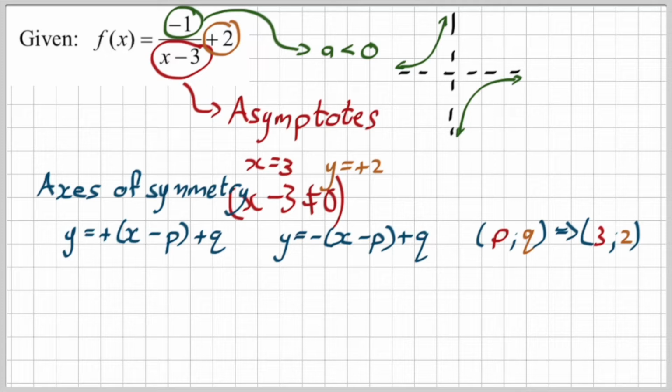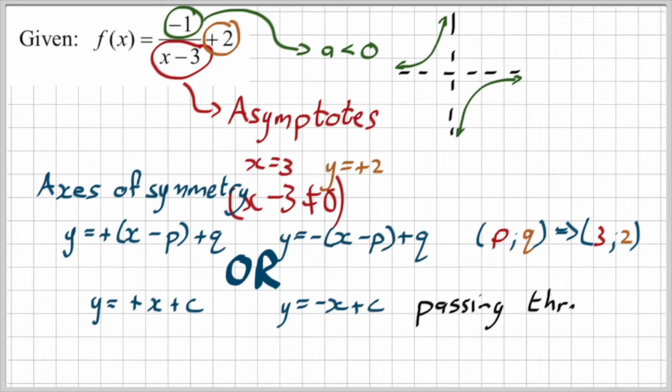But I don't really like this so much, I'm being honest with you. The fewer things I have to memorize, the better. So what I love to do is look at my second option. I can simply say I've got y equal to positive x plus c, and y equal to negative x plus c.